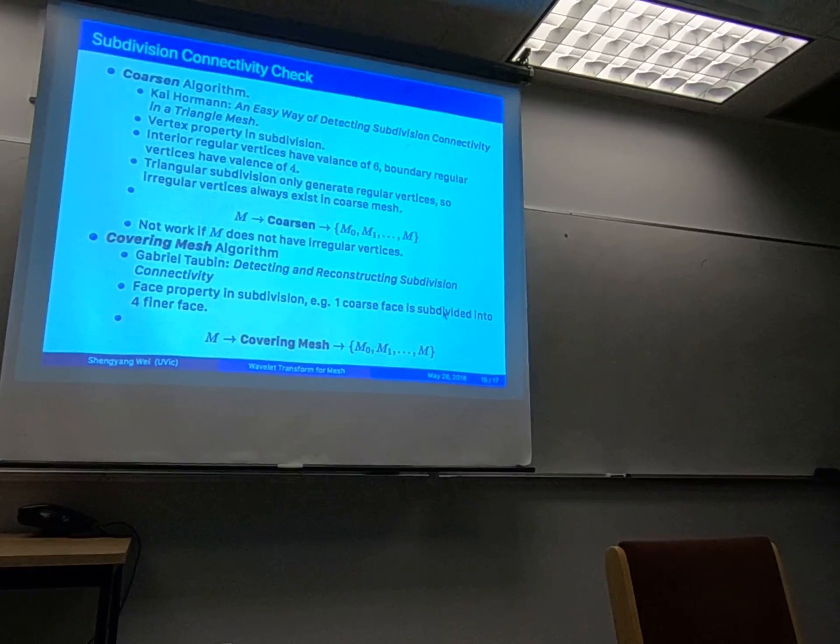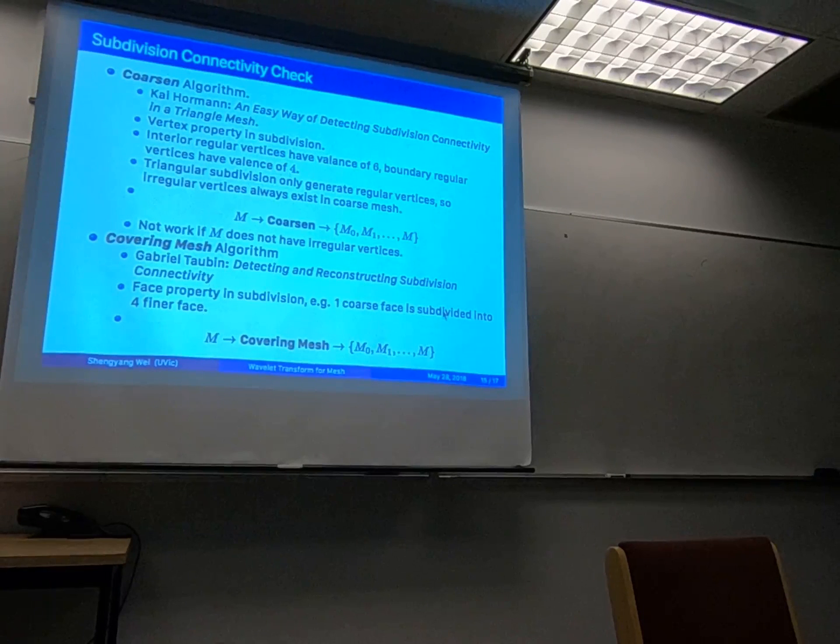Triangular subdivision only generates regular vertices. So irregular vertices in a finer mesh always exist in the coarse mesh; they should be coarse vertices.